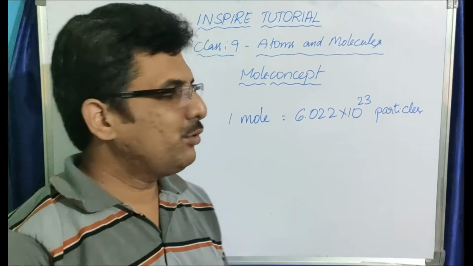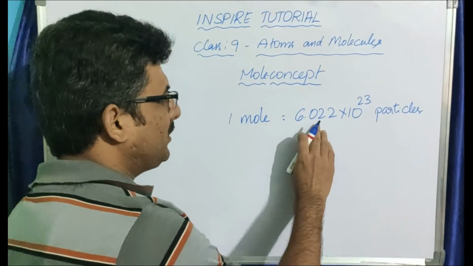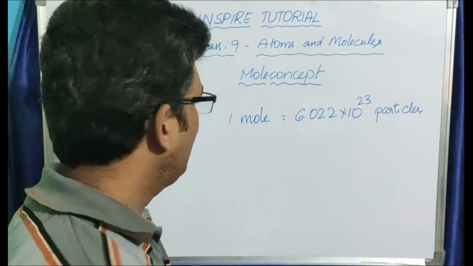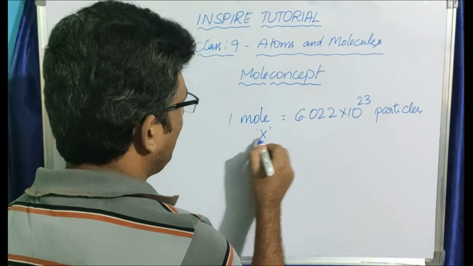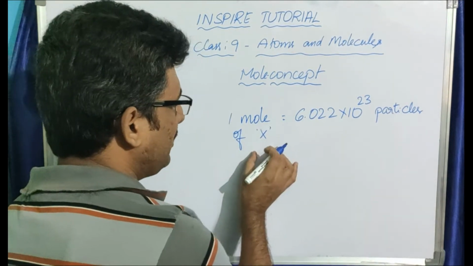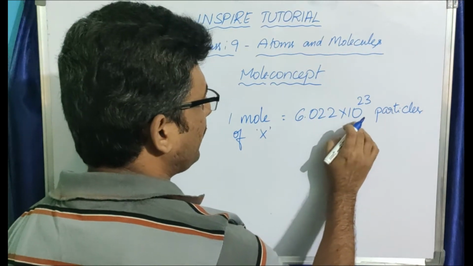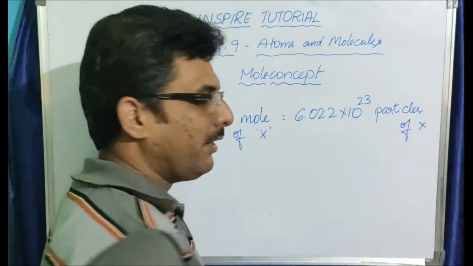If you take 1 mole of a substance, that means you're talking about 6.022 into 10 power 23 particles of that substance. So for example, if 1 mole of a substance X is taken, then you're talking about 6.022 into 10 power 23 particles of that substance X.